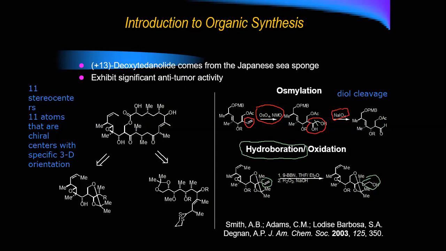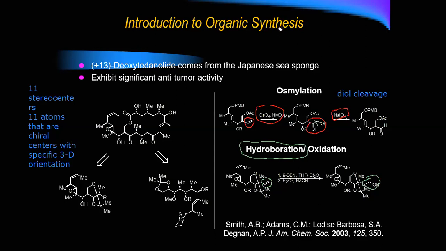It can be here. Let me change the color right quick. I can put it here, or I can put it here. Is that right? Yes. It can be Markovnikov addition or anti-Markovnikov. Which one is hydroboration? Which regiochemistry does it follow? Anti-Markovnikov.